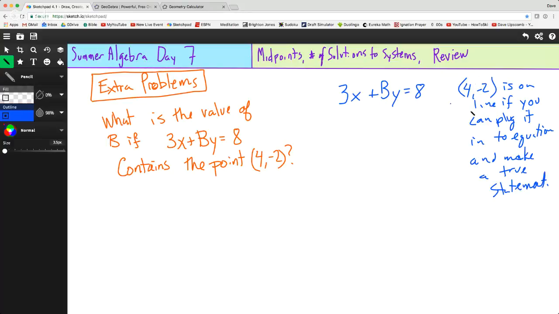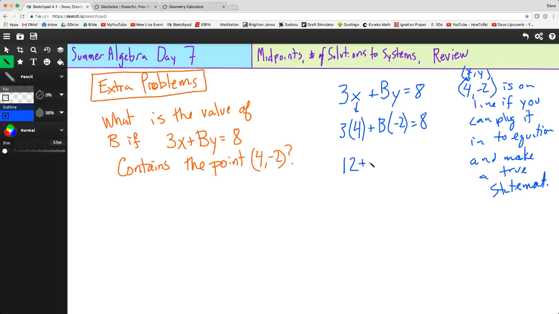So let's plug 4, negative 2, our x, y into this equation and see if we can make a true statement out of it. Well, 4 is x. So that's 3 times 4 plus b times y, which is negative 2, equals 8. So let's see what value of b will make this true.